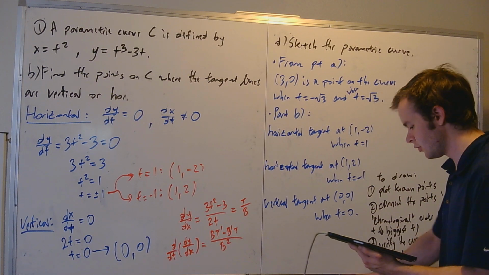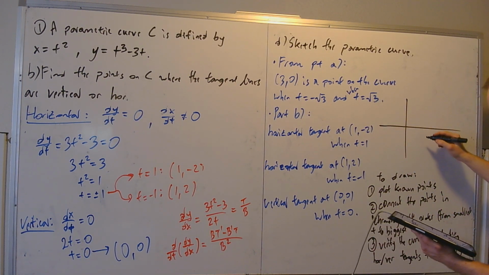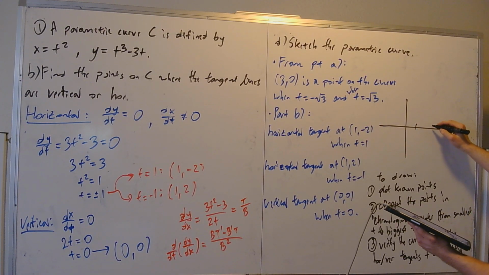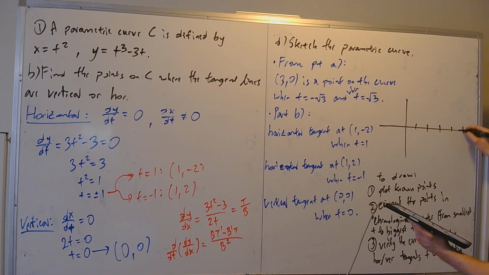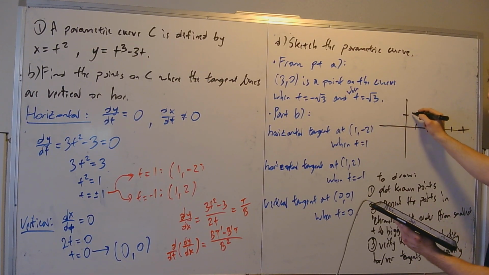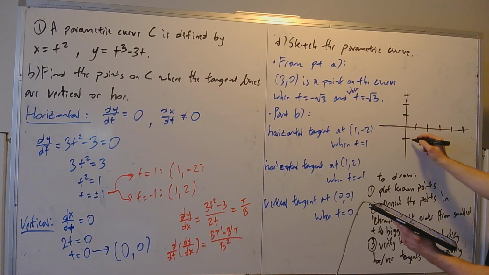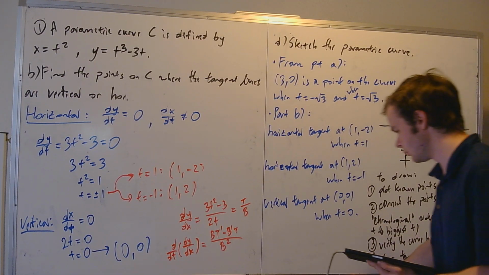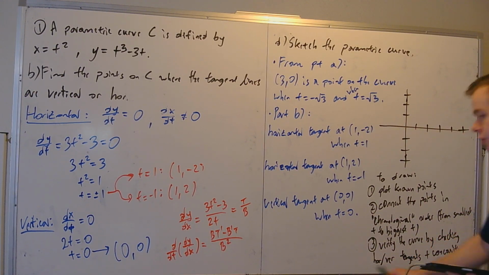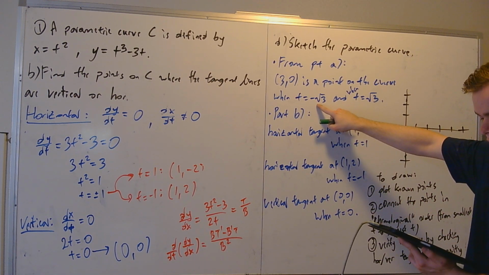But it says here that our first step is to plot the points. So let's do that. This is going to be 1, 2, 3, 4, 5. This is going to be 1, 2, and 3. This is going to be 1, 2, 3. Okay, so now we can actually plot some points. It says we need to plot them in chronological order from smallest t to biggest t. Notice the smallest value of t is negative root 3.